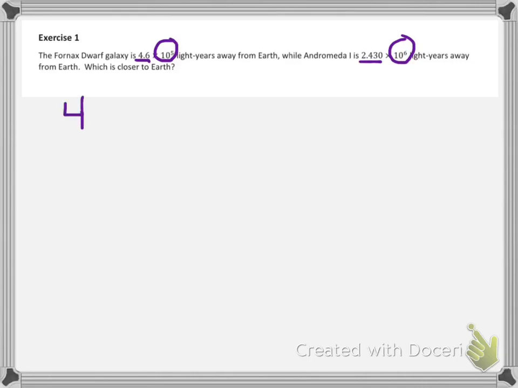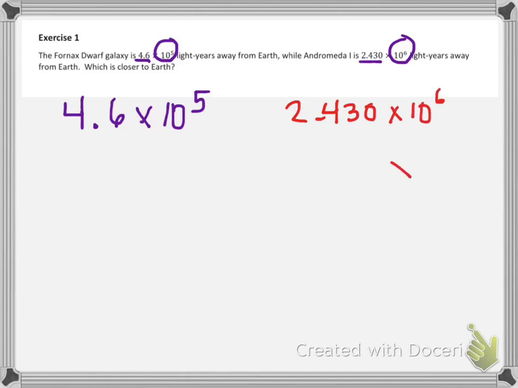So we have 4.6 times 10 to the 5th, and we want to rewrite our other number, 2.430 times 10 to the 6th. We want that to be something times 10 to the 5th power. And since my exponent is going down, this number has to go up. So we get 24.30 times 10 to the 5th.